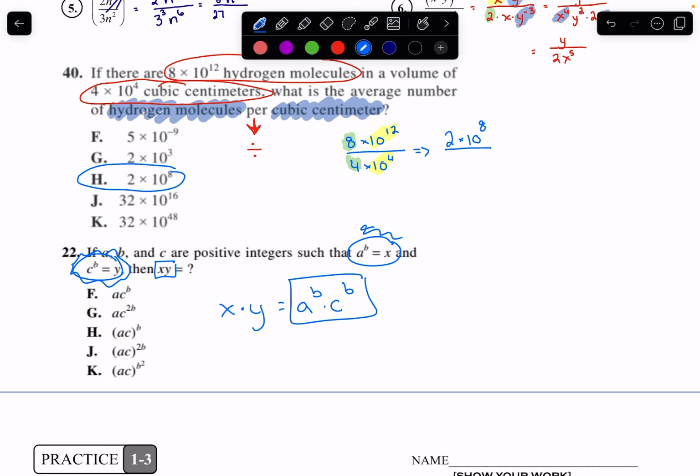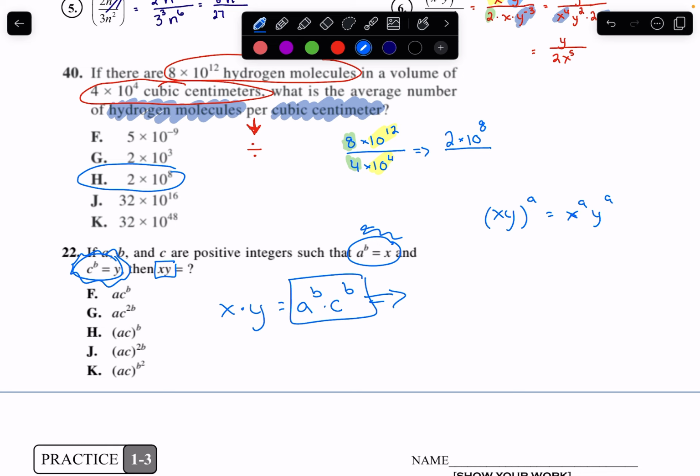This one's kind of hard to see because you're actually using one of the rules backwards, okay? Instead of working forwards, we have the end result and I'm trying to go backwards. So if you remember, there was a rule that said that if I've got, I'm going to use different letters than they used, (xy) to the a, then that equals x to the a, y to the a.